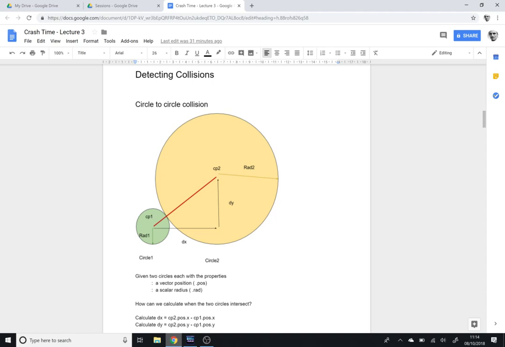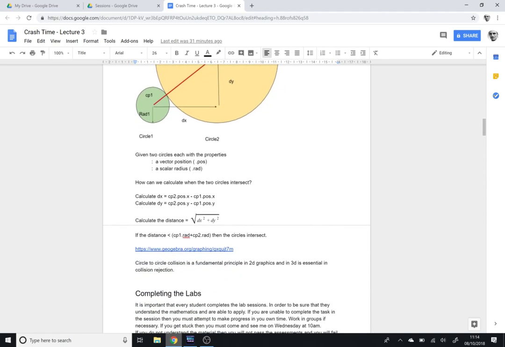The radius of circle 1 plus the radius of circle 2 gives us a specific length. If this magnitude is shorter than that length, the two radii together, then we know that the circles have to be inside one another. And we have a little demonstration of that.